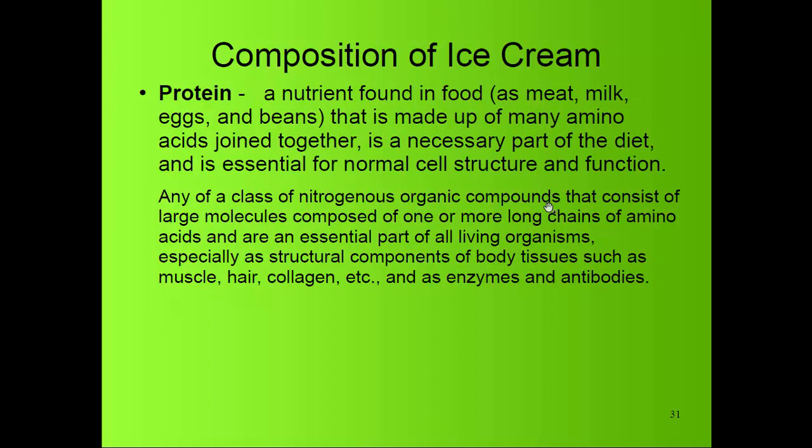Protein is a nutrient found in foods. Normally when we think of protein, we think of meat, milk, eggs, and beans, and it's made up of many amino acids joined together. It's a necessary part of our diet and essential for normal cell structure and function. Protein is any of a class of nitrogenous organic compounds consisting of large molecules composed of one or more long chains of amino acids.